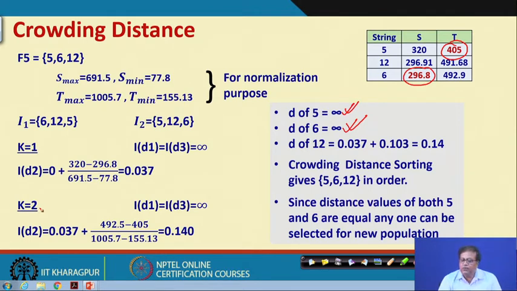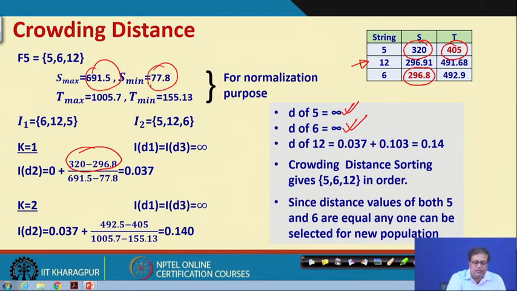For the score of 12, with regard to S, the two neighbor values are 320 and 296.8. These two are taken, and the S max is 691 and S min is 77.8, and their difference is taken. So this ratio is 0.037.